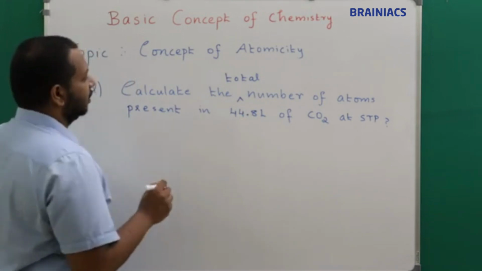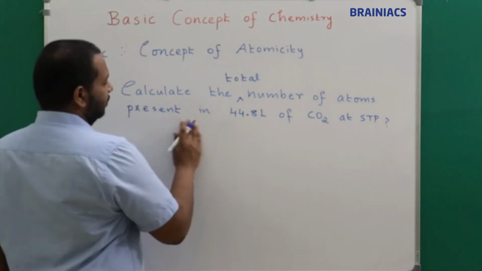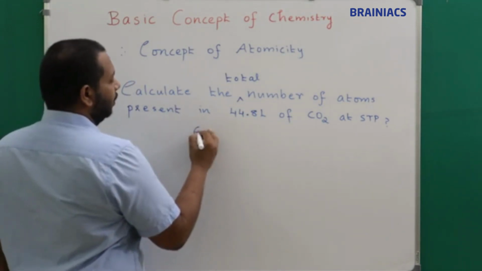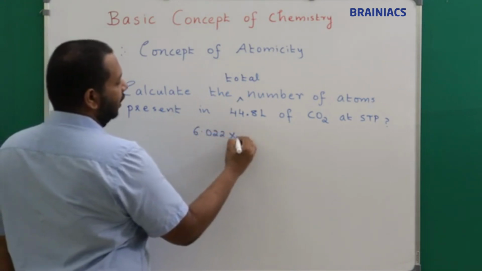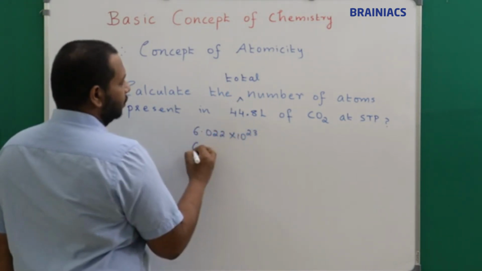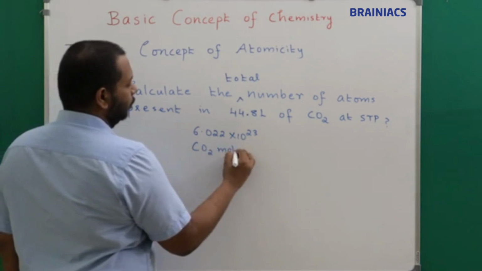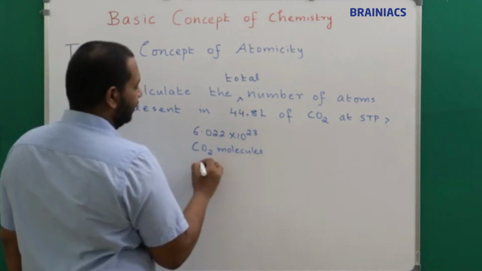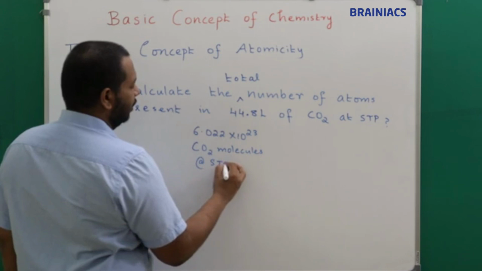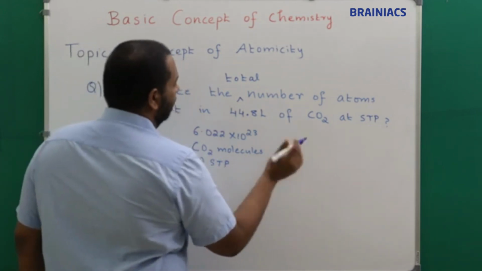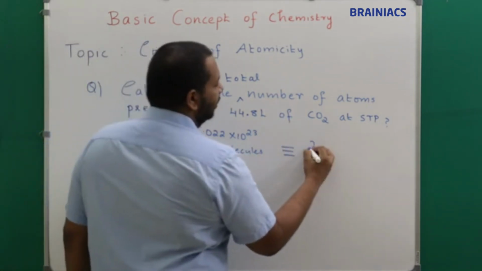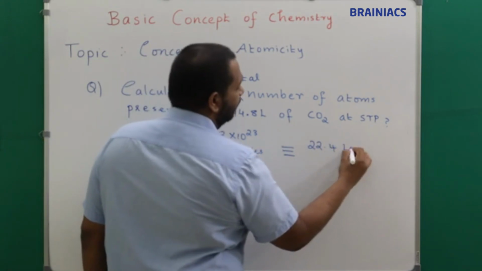And I know my standard relationship, that is 6.022 into 10 power 23 CO2 molecules at STP will occupy how much volume? We know that it is 22.4 liter.